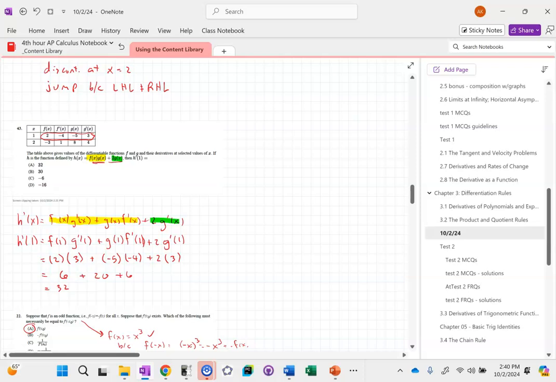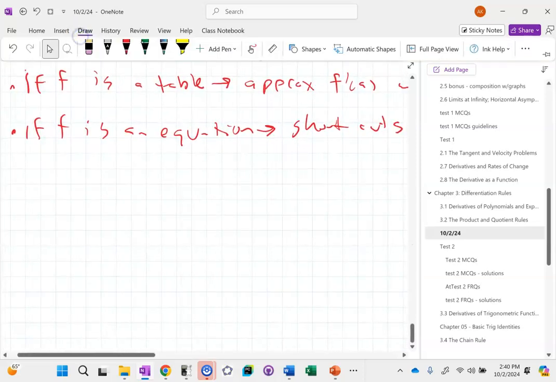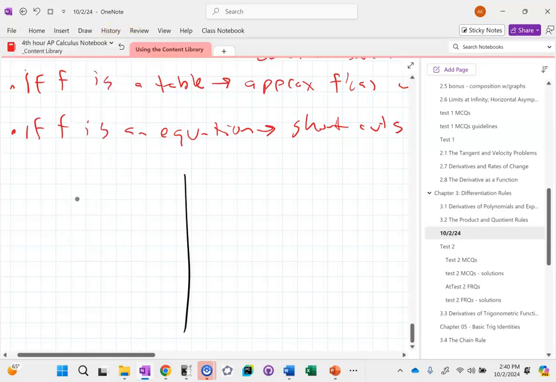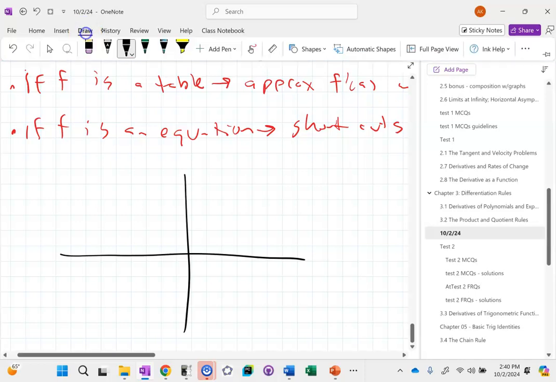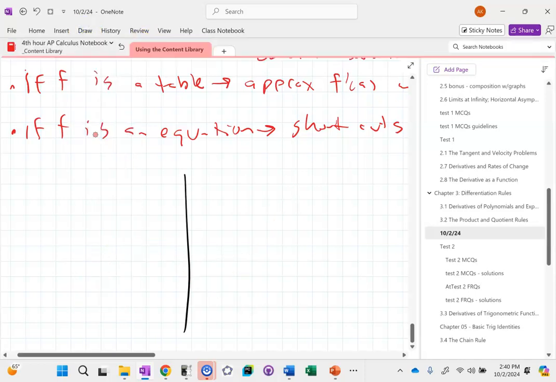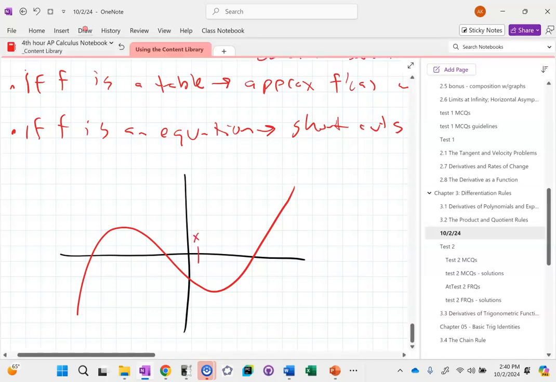So if I have something like, here's my graph, and I have something that looks like this. And say I'm worried about, you know, my x equals a is right here.